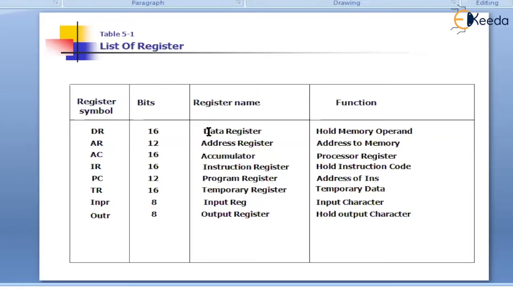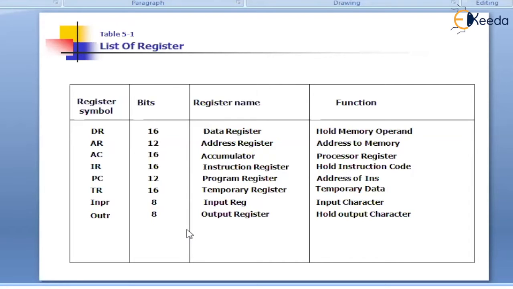But let me explain the proper order of the registers in the processor: starting with the program counter, followed by an address register, followed by an instruction register, followed by the data register, followed by an accumulator, followed by a temporary register, followed by an input register, and followed by an output register. This is the specific order of the register set in single accumulator organization.